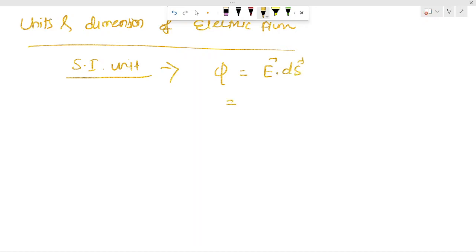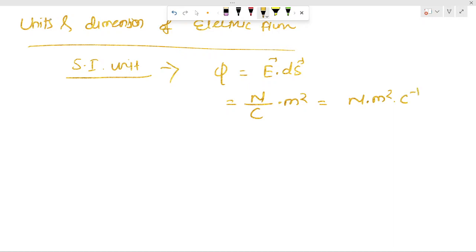The unit of E is Newton per Coulomb, as we have known that force per charge is the electric field strength, that is E. Into area, which is meter square, so the unit will become Newton into meter square into Coulomb inverse.